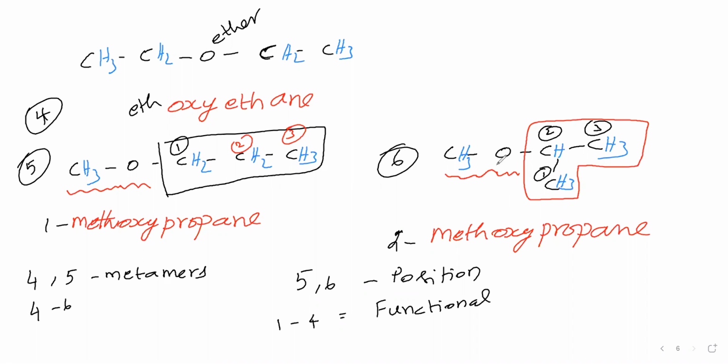Here functional group is ether. This functional group left side, if you see, one organic group is there. This functional group right side, if you see, one hydrocarbon chain is there. So functional group on either side, organic groups are there means then only we can talk about metamerism.